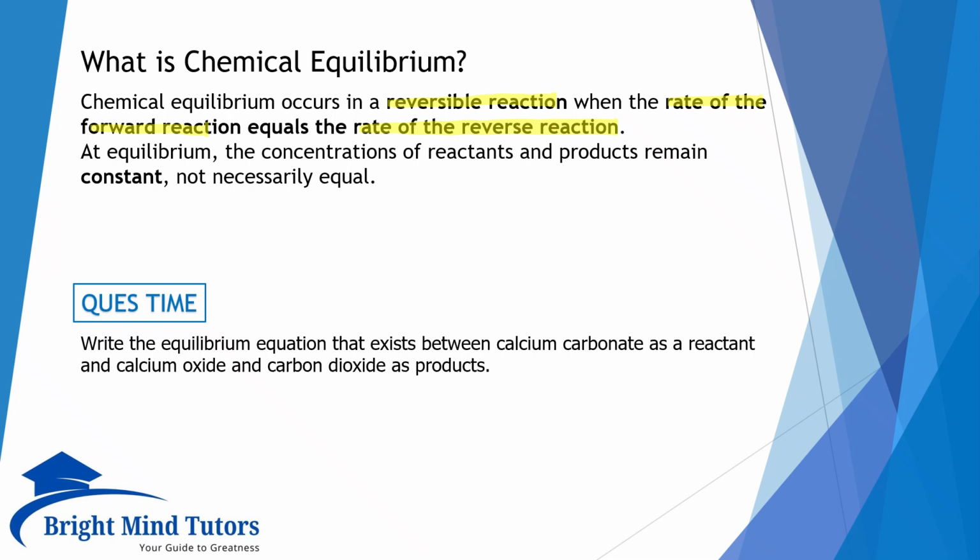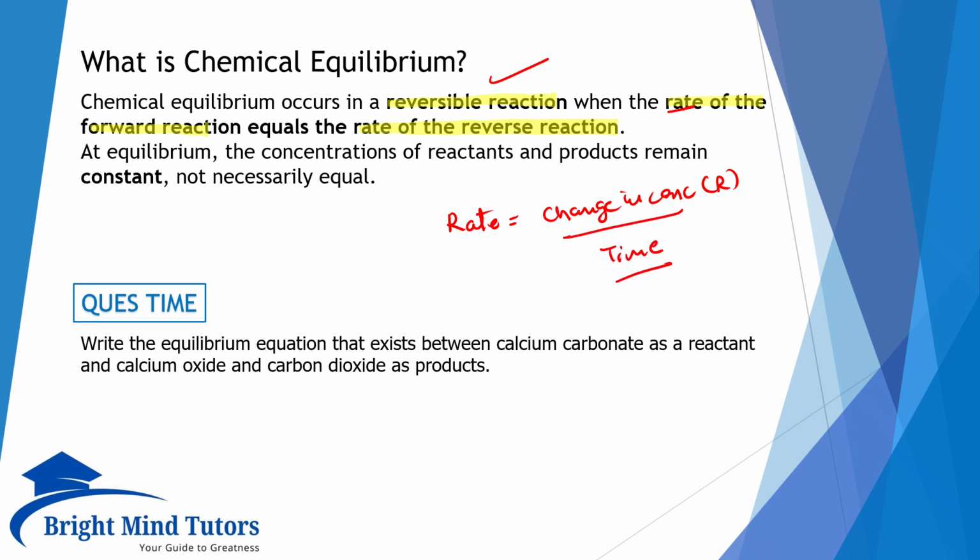I guess the reversible part is quite clear. It says the rate of the forward reaction. Rate is a kind of speed. Rate basically means the change in concentration. If I'm talking about the rate of the forward reaction, it is the change in concentration of your reactant divided by time.